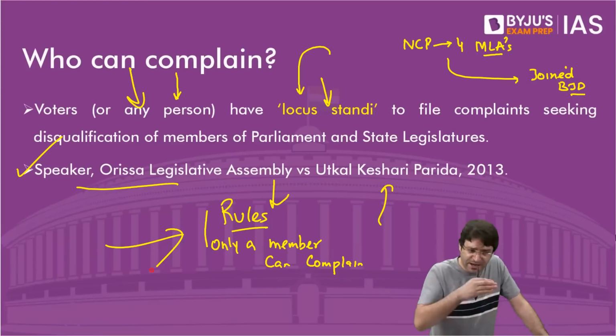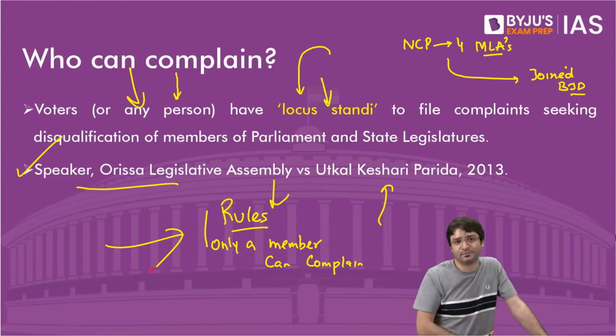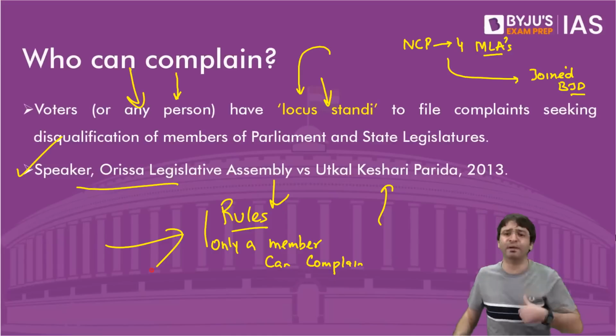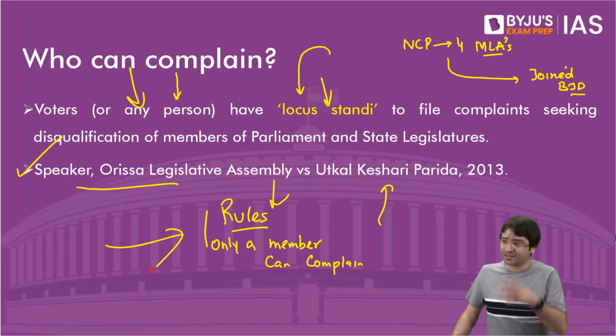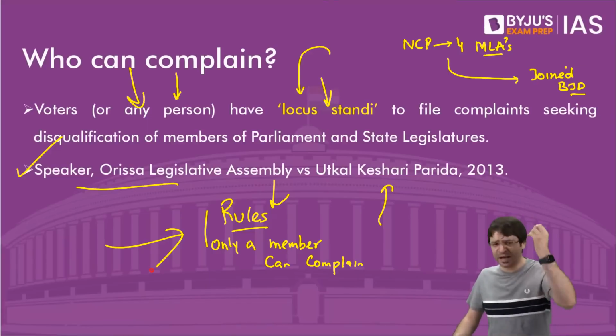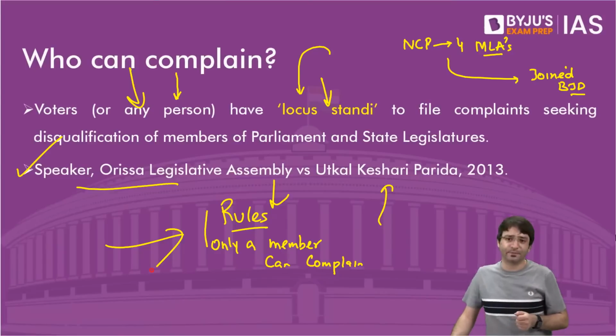Fairness has to be in the rules. That means tomorrow you and I can complain to the Speaker of the Maharashtra Legislative Assembly that Mr. Ajit Pawar has defected and should be disqualified, and the Speaker has to accept my complaint. Previously, only a member could complain. Now any voter can complain. Any voter has the locus standi.